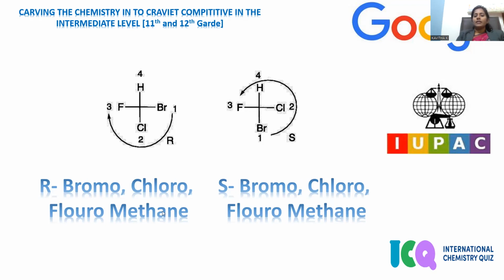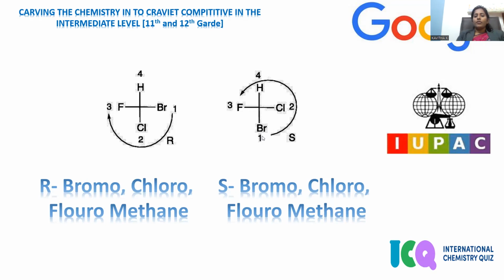Now we have to assign the IUPAC name for the compounds, right? Being a one-carbon compound, the parent chain will be methane. So here different functional groups are written in alphabetical order. Let me put R, bromo, chloro, fluoro, methane. R-bromochlorofluoromethane is the IUPAC name of this compound, included with its absolute configuration.